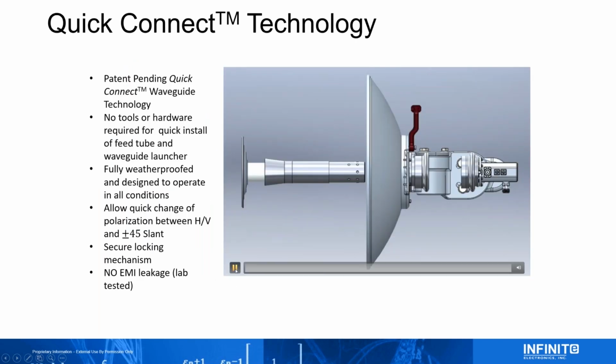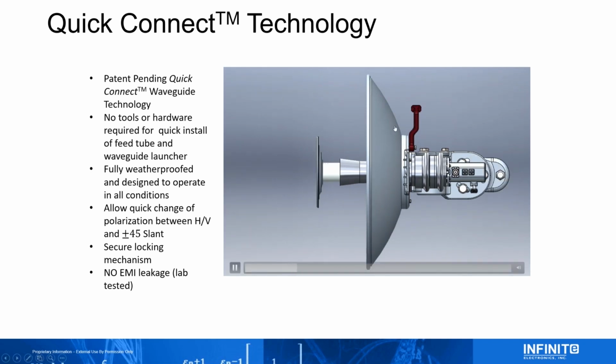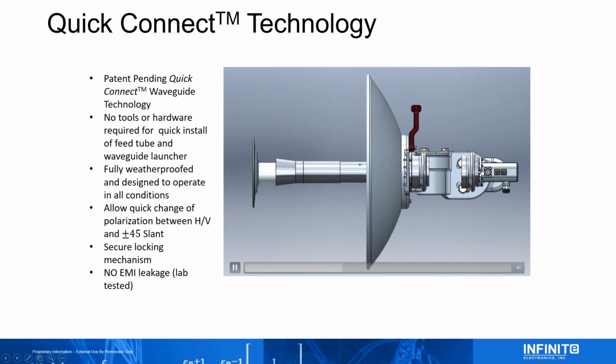Here's a little video of what the quick connect technology is, and really it's a coupler system that allows you to quickly pull out the feed horn or pull out the adapter to replace it. You can rotate the adapter 45 degrees.